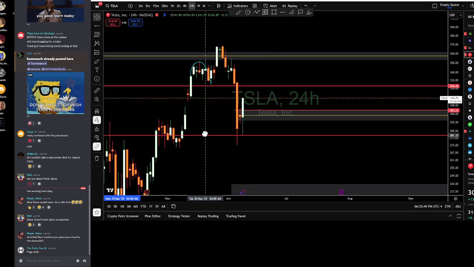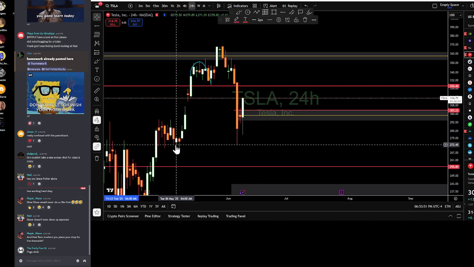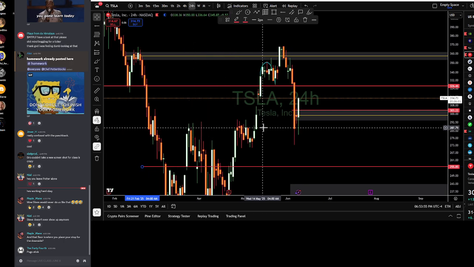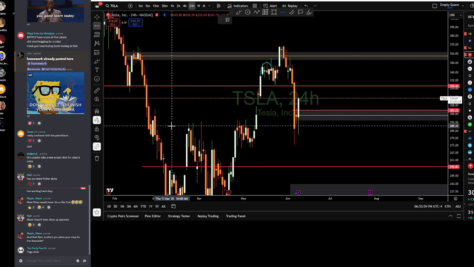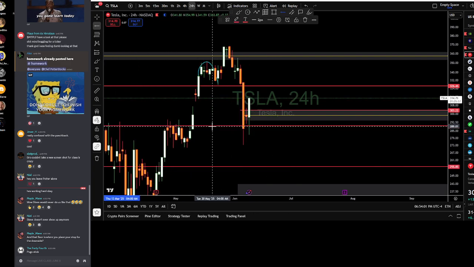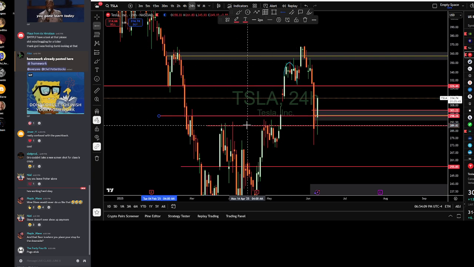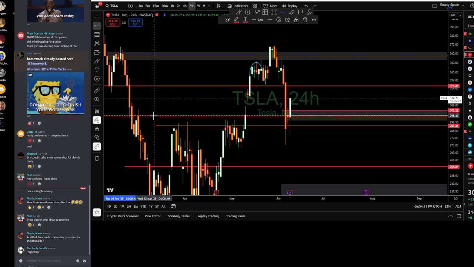So in this box in Tesla, we consolidated, and I think that was again 9 days. And then you broke out, right? You look to your left at all these wicks and all these candle closes, you grab hold of price above you, and it ends up being right above that candle close and wick.